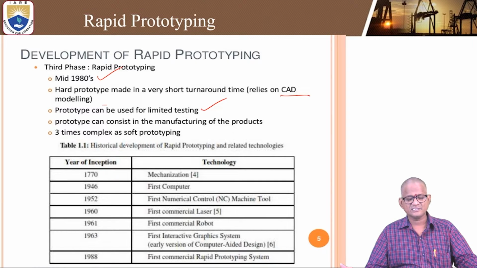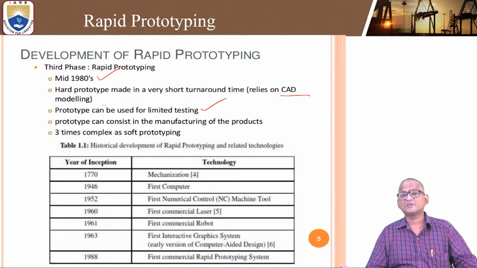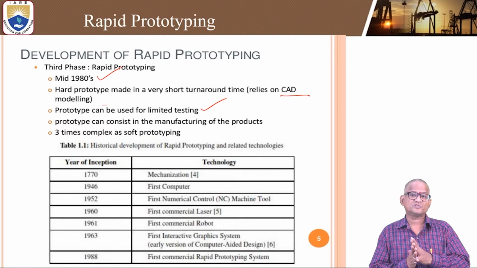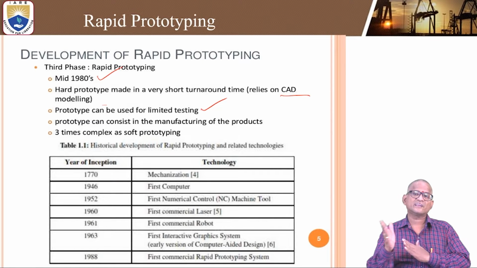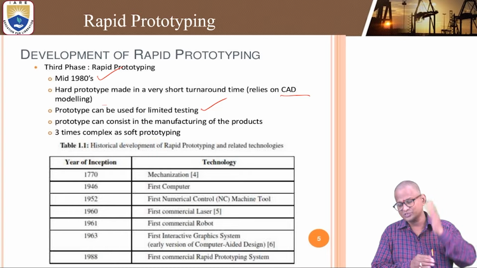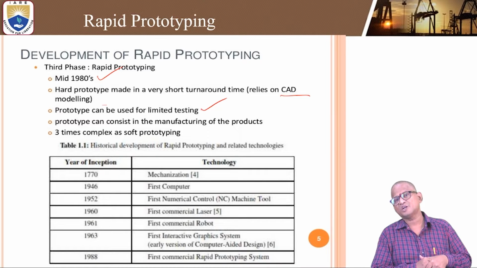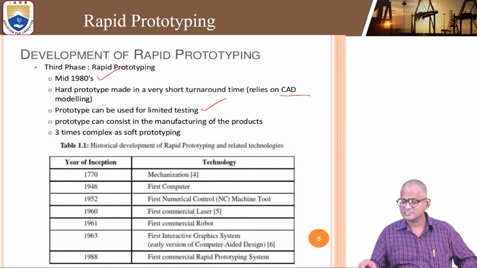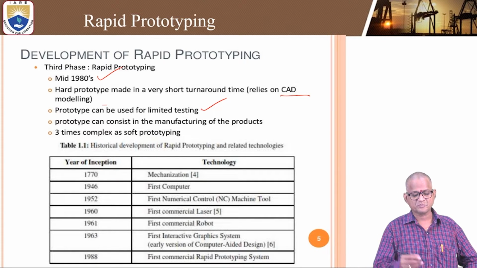So let us see the historical development of when rapid prototyping started and what technology was used from 1717 onwards till now. Let us recap 3D printing and rapid prototyping.